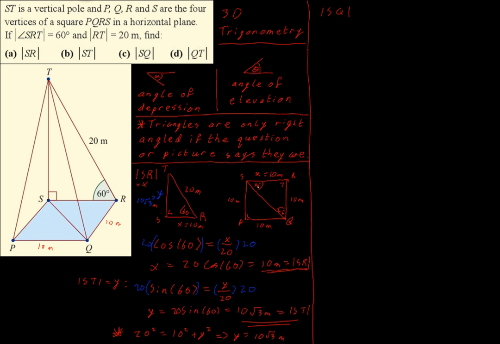I can see that SQ, I'm going to call it H for the hypotenuse. SQ is the diagonal of my square. So I'm going to call it H, and I can see that H squared is equal to 10 squared plus 10 squared. H squared is equal to 200.